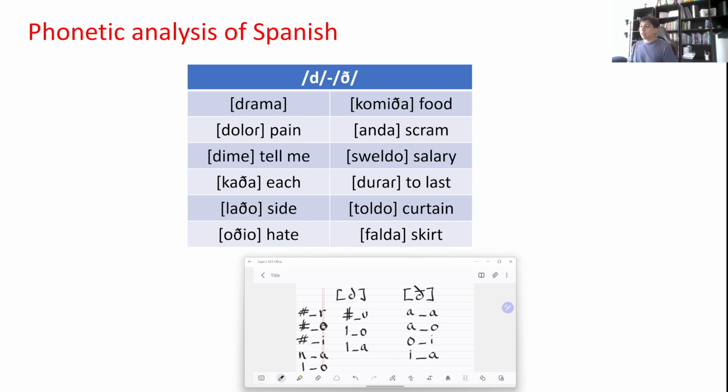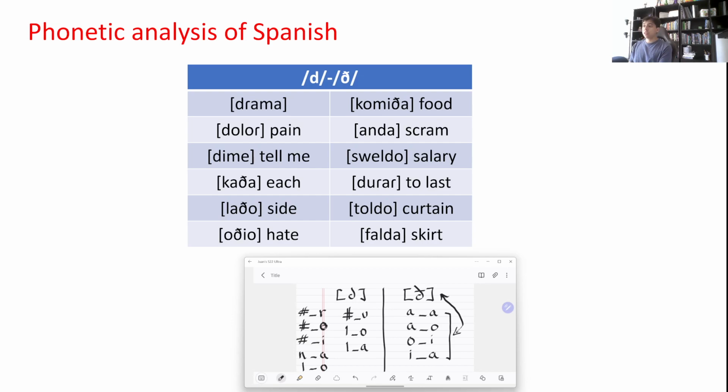Okay, so I'm just going to divide this so that we can understand well. With these allophones that we have here, I can do an analysis and say that this sound is going to be realized when we have a D between two vowels, right?